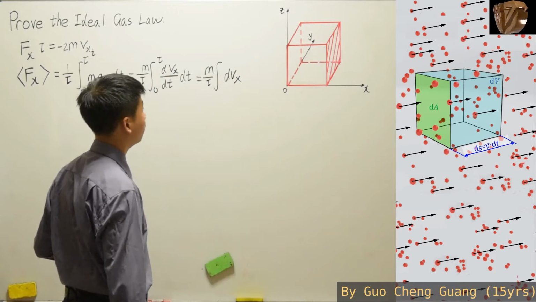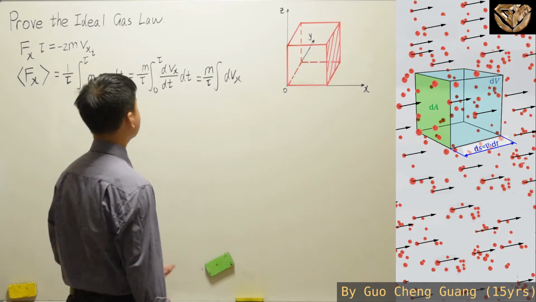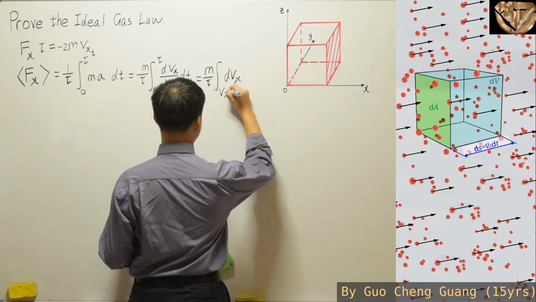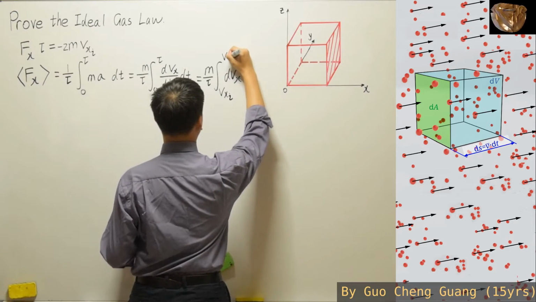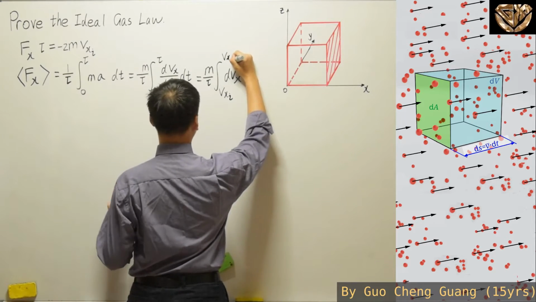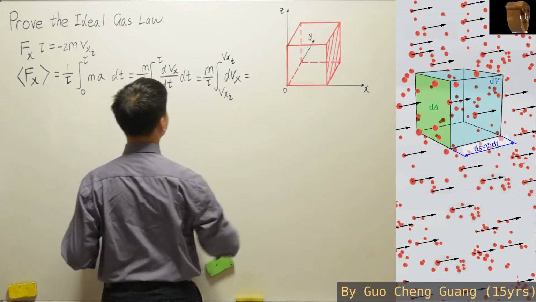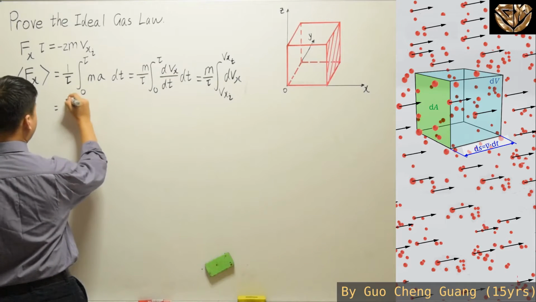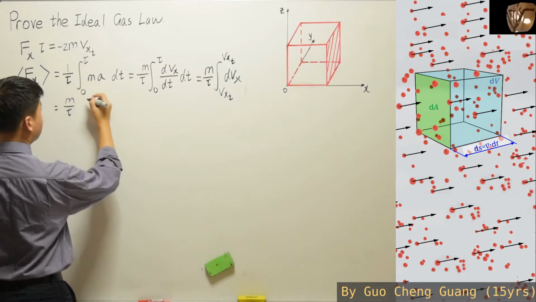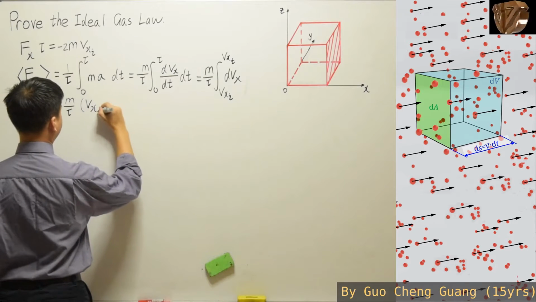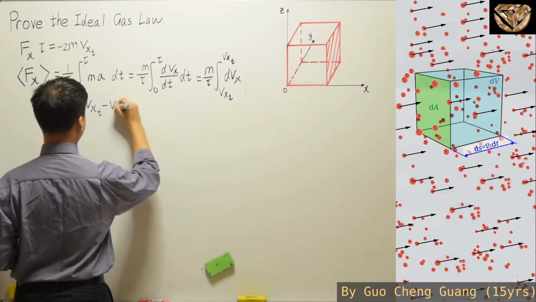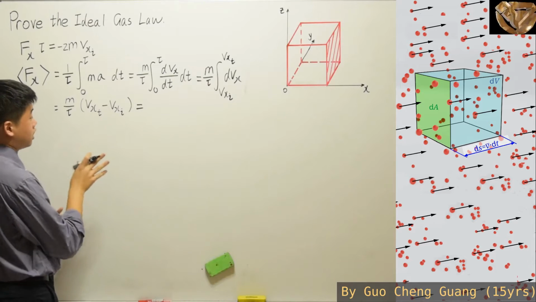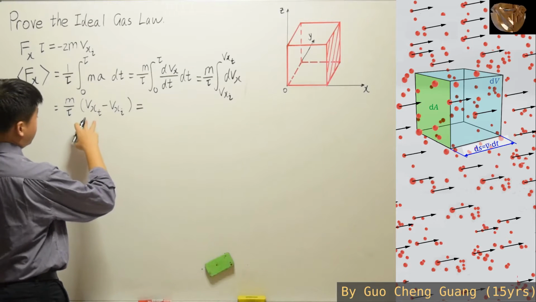But what would your boundaries change into? So boundaries, they would actually change into your initial velocity into your final velocity or your terminal velocity. Alright, so that would be m over tau, so v, or your terminal velocity minus your initial velocity, which would actually be kind of the same as what you had just now, since the magnitudes are the same, but this would actually be in a negative direction.